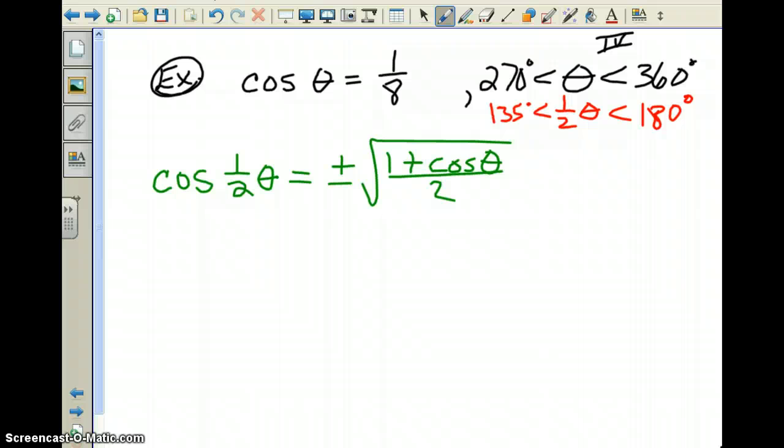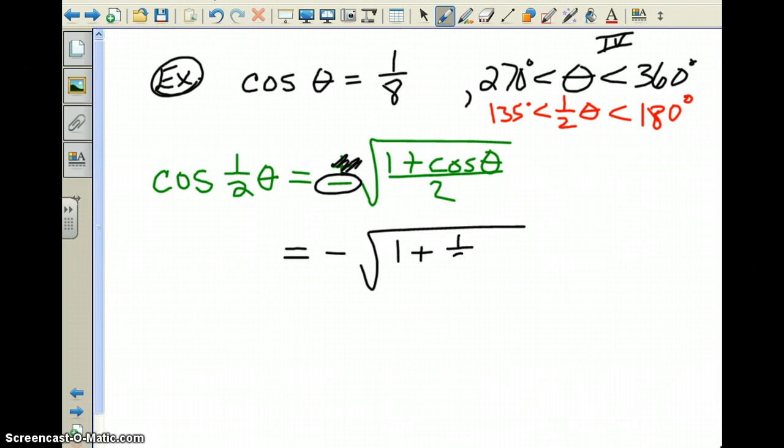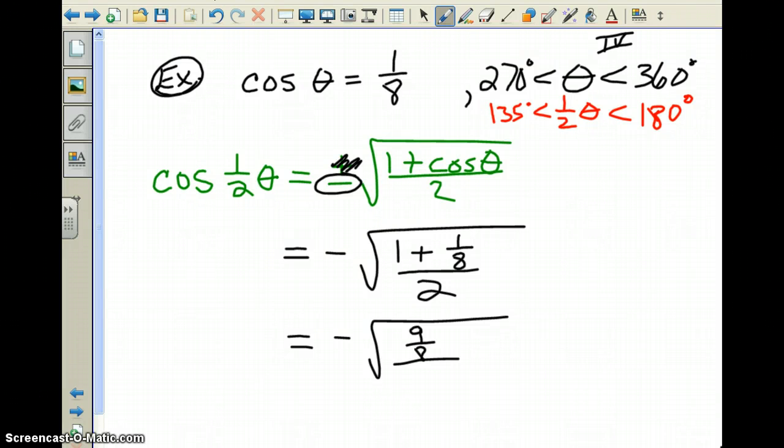If our half angle is still between 135 and 180 in quadrant 2, that means cos is negative in quadrant 2, so we're going to pick the negative sign for cos half angle. And now I will plug in 1/8 for cos theta.